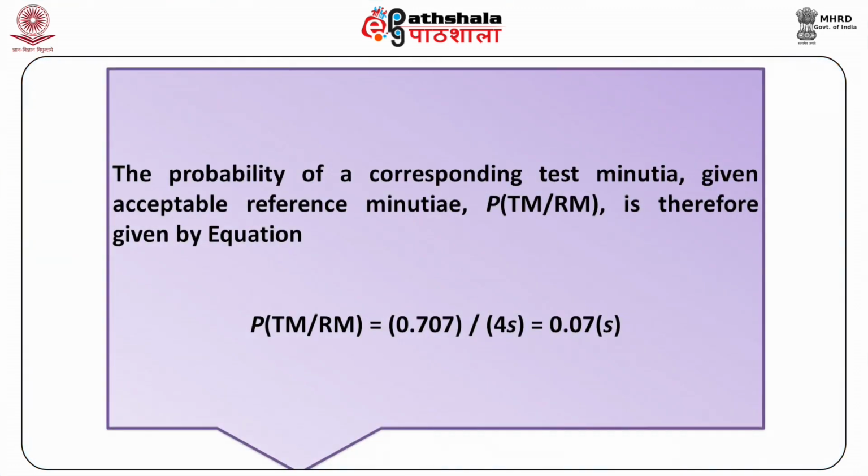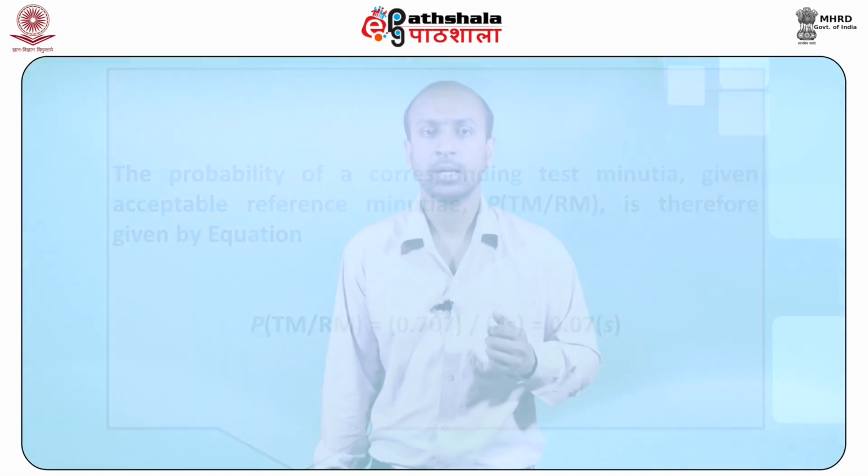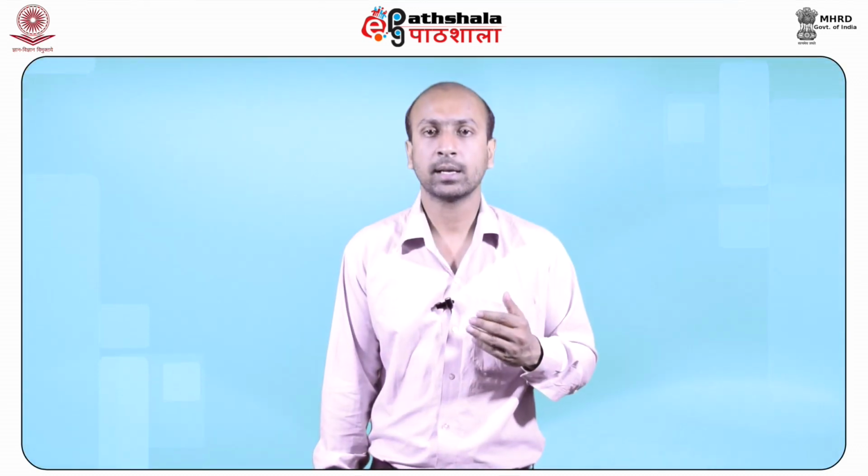The probability of a corresponding test minutia given acceptable reference minutiae, P(Tm|Rm), is therefore given by the equation. P(Tm|Rm) = 0.707 s/4 = 0.07s.